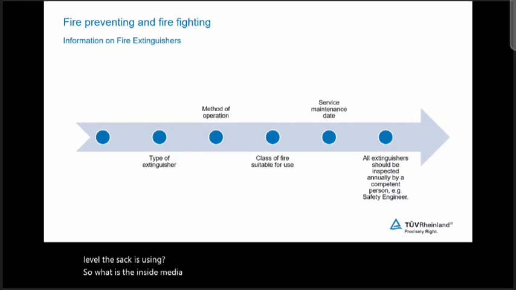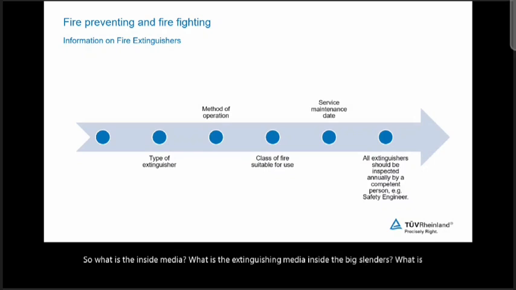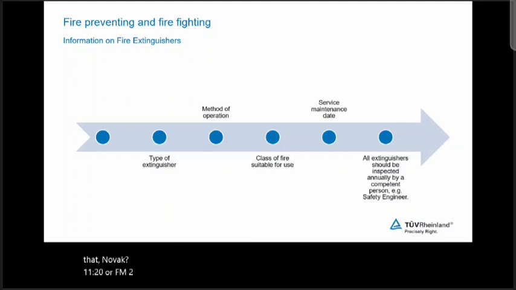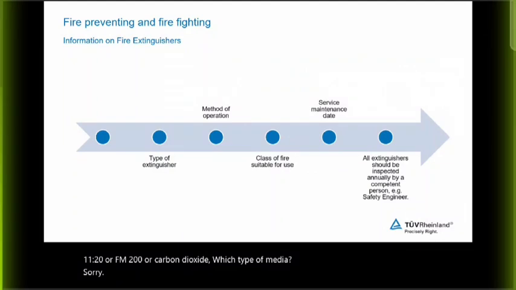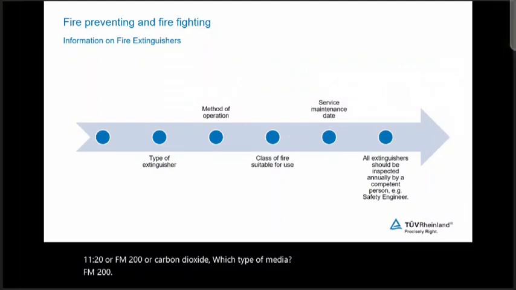What is the extinguishing media inside the big cylinders? Powder. What is that? Novec 1230, or FM 200, or carbon dioxide? Which type of media? Sorry, sir, I'm not sure about it. FM 200. Okay. So these are the same.